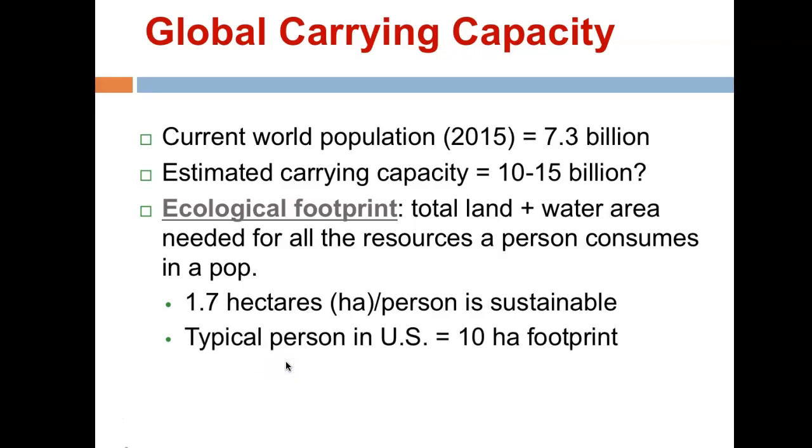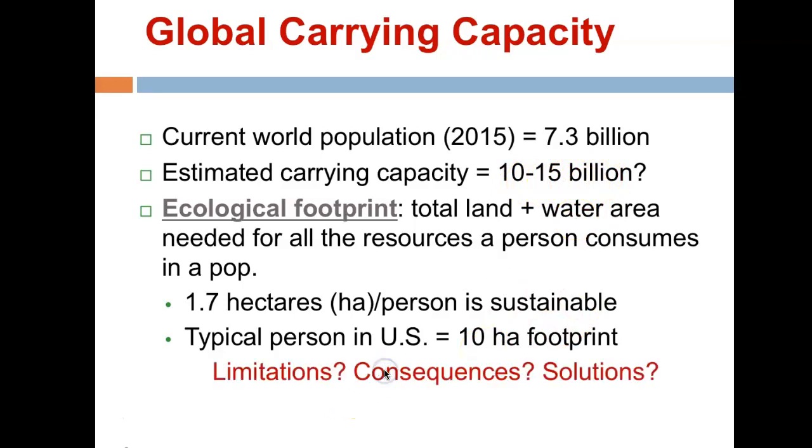However, the typical person in the United States is going to have a 10 hectare footprint. And so if our ecological footprint, or the effect that we have on the environment because of what we use and how we go about our typical day, is not improved upon, then this carrying capacity number just keeps going lower.